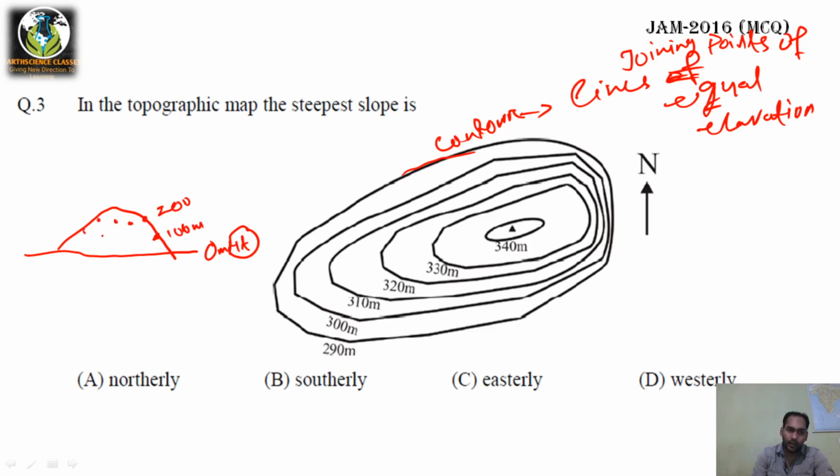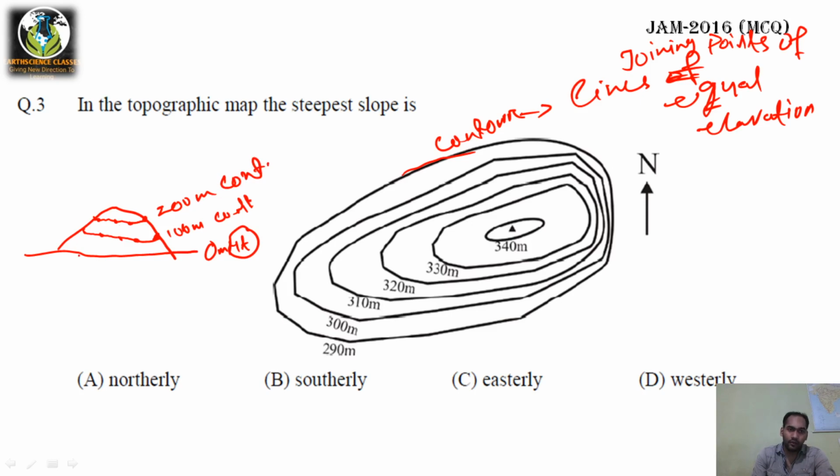In the mountain you are getting points of 200 meter, points of 100 meter, like that. If you join the points having elevation of 100 meter, that will be the 100 meter contour. If you join the points of 200 meter elevation, that will become the 200 meter contour.